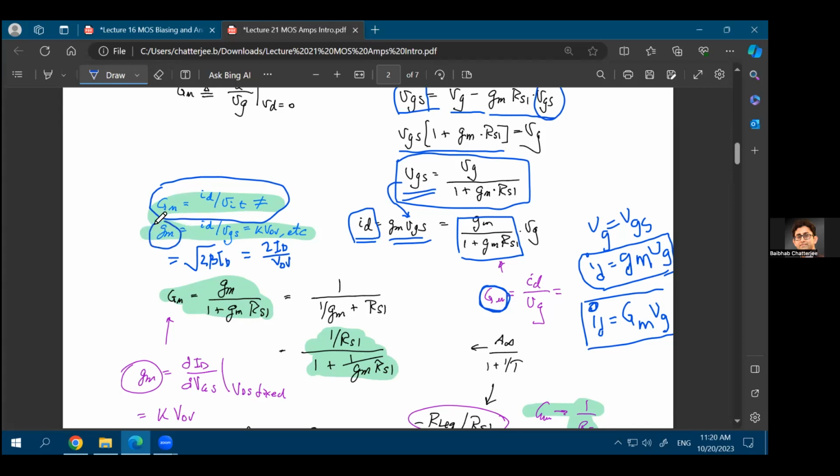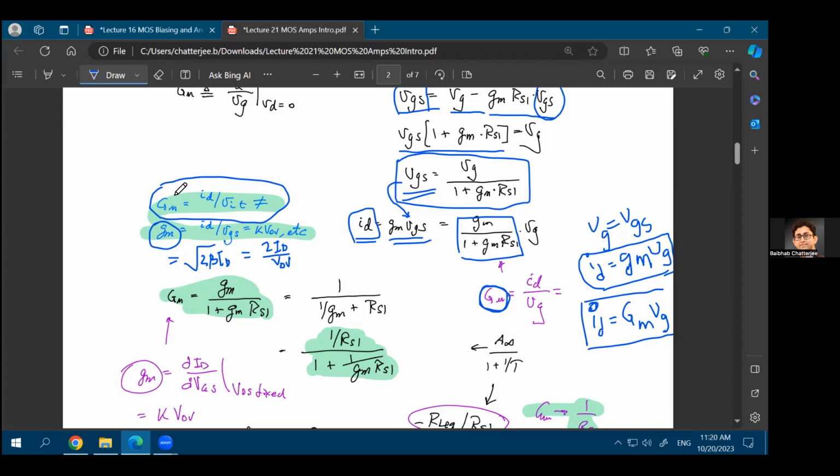This is just for the small gm. And small gm is the property of the transistor: what is the ID going through the transistor and what is the gate to source voltage of the transistor. The small gm is just a property of the transistor. It has nothing to do with the circuit. So you can have hundreds of resistances, capacitances, inductances in the circuit.